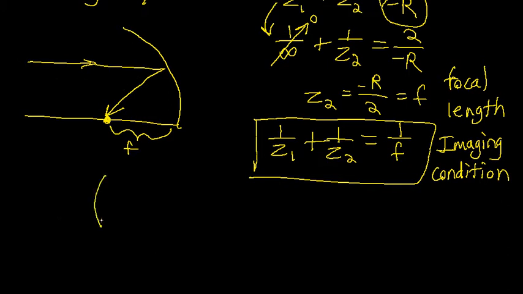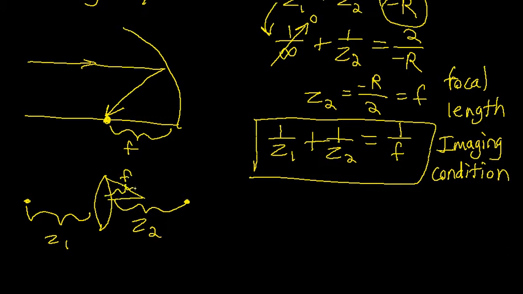But if you have some lens set up, let's say you've got some ray that starts from here, has z1, and this is z2, to here, then knowing the focal length of the lens will tell you where z2 is, where the image of this light comes.